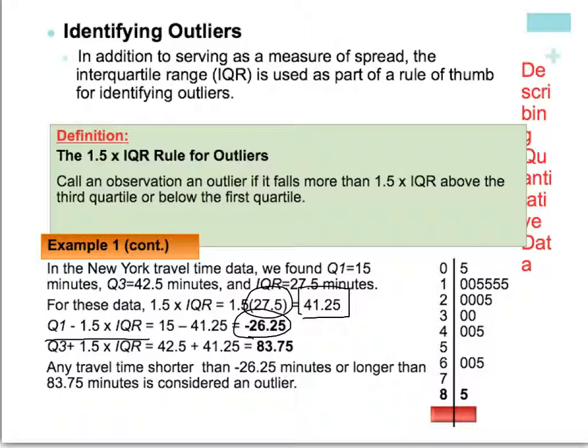No outliers, right? Okay. But when we add it to Q3, we get 83.75. Do you see any commuters that take more than 83.75 minutes to get to work? Yeah, that oddball, right? That guy that's commuting and taking 85 minutes.